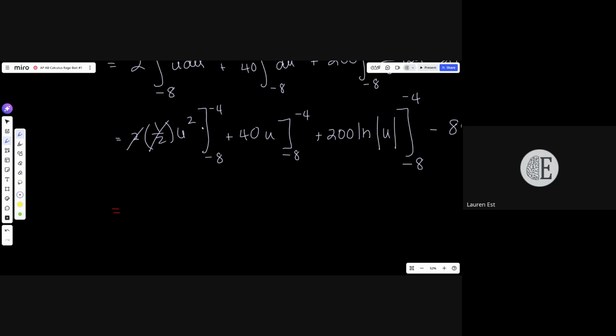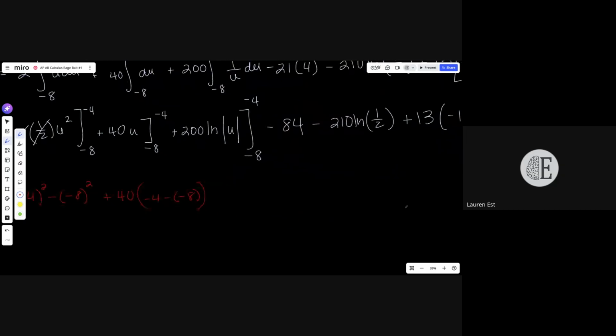Red. So this is going to be -4 quantity squared minus -8 quantity squared plus 40 times (-4 minus -8) plus 200 ln, sorry, ln absolute value, right?